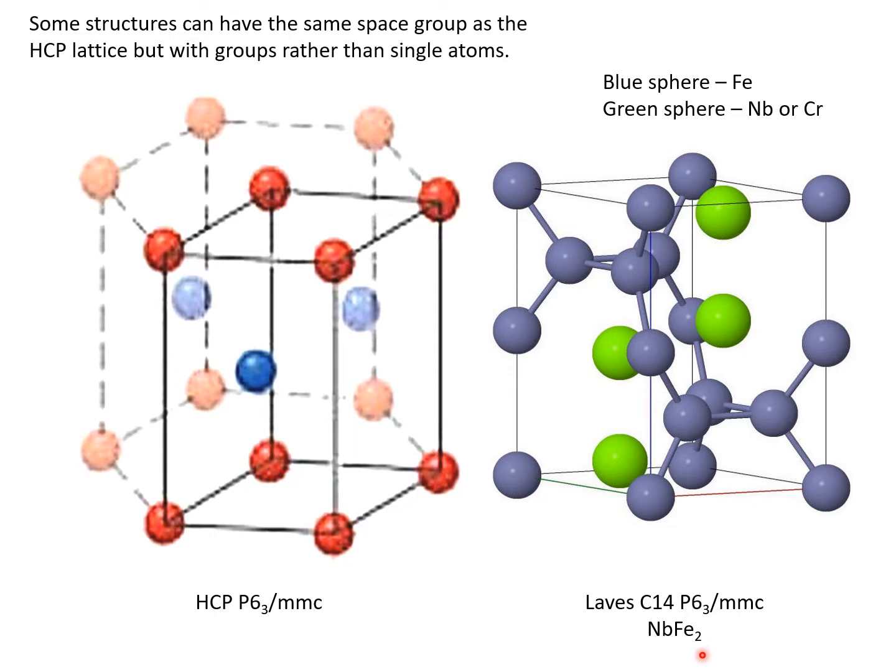So this one some of you may be familiar with, NbFe2, that's the binary phase of niobium and iron. It would typically form as what's called a Laves phase. And that's the structure. And believe it or not, that is also described by P63/MMC. It's not hexagonal close packed, but it has a space group of P63/MMC.